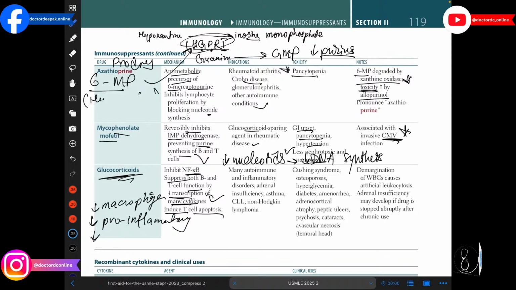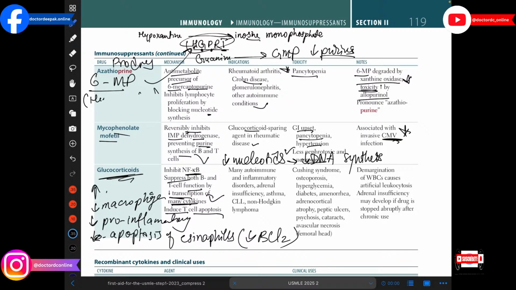Also, it will decrease the number of eosinophils, or you can say it causes apoptosis of eosinophils and natural killer cells by decreasing the expression of BCL2, and also increases the concentration of anti-inflammatory mediators.